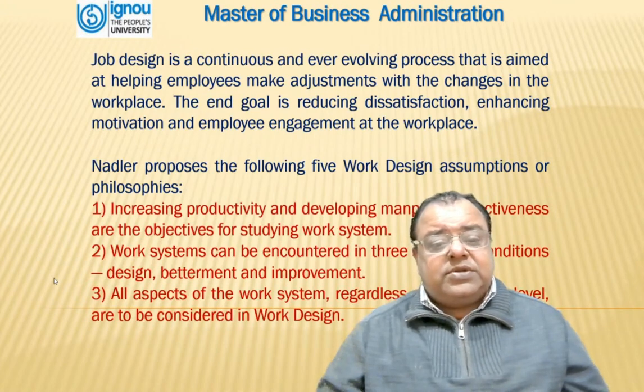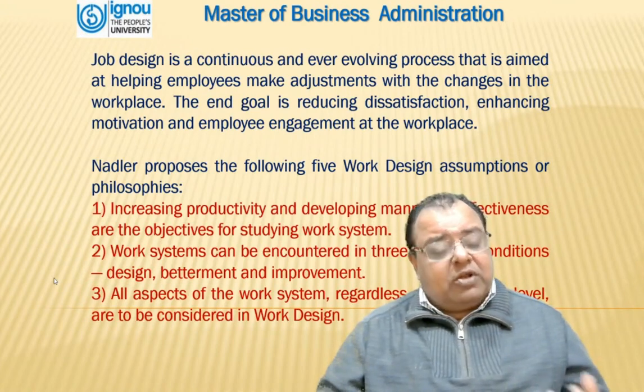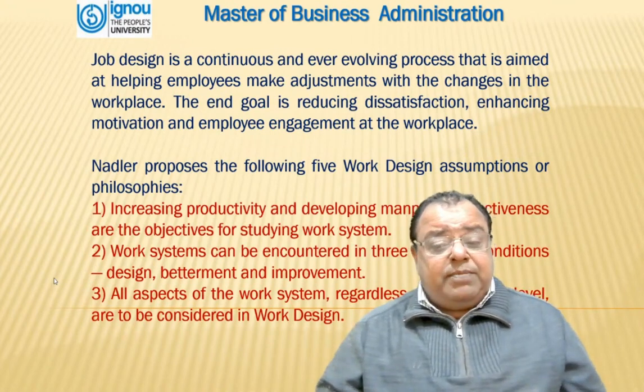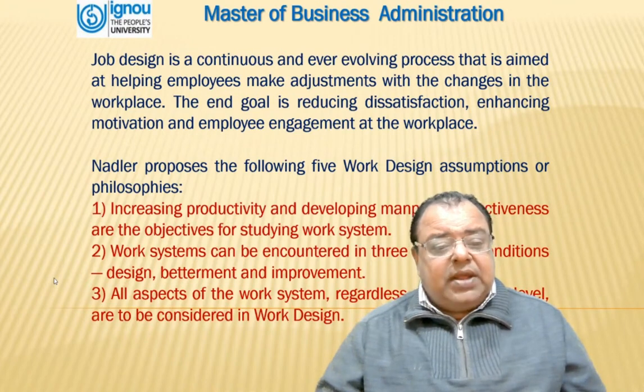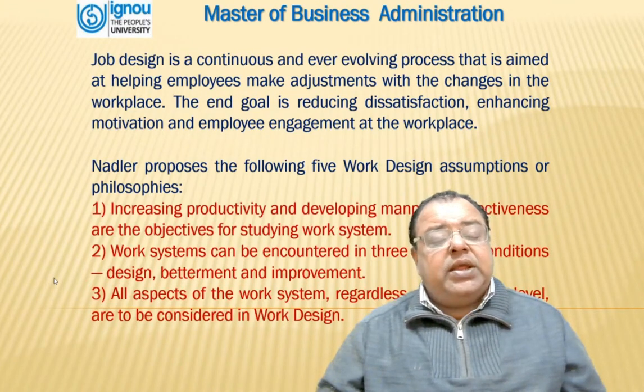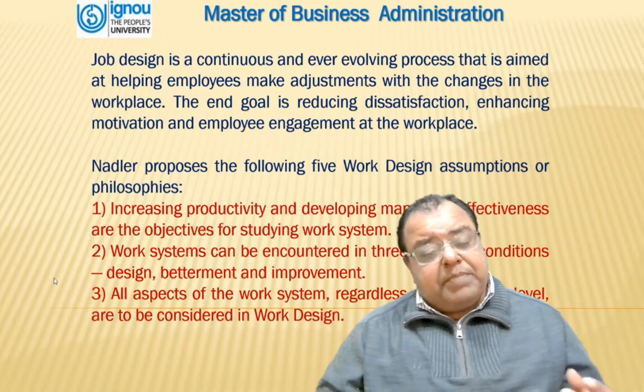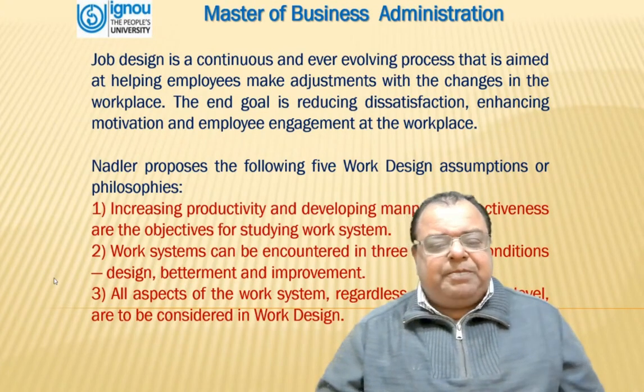Nadler proposed the following five work design assumptions or philosophies. Increasing productivity and developing manpower effectiveness are the objectives for studying work systems. Work systems can be anchored in three states of conditions: design, betterment, and improvement.